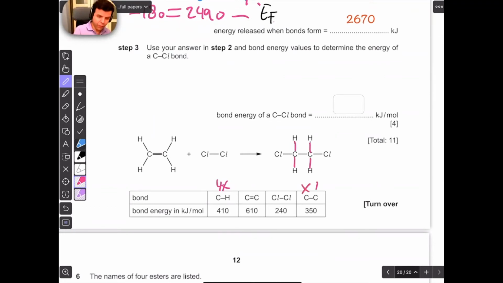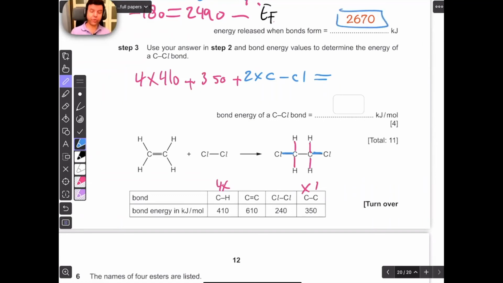So it's going to be 4 times 410 plus the CC bond, which is 350, okay? Plus these missing bonds. I don't have the value of the CCl bond, right? So plus 2 times CCl, right? Altogether, this is going to be equal to my previous answer, because that's the energy released when bonds are formed. So all of this is worth what?